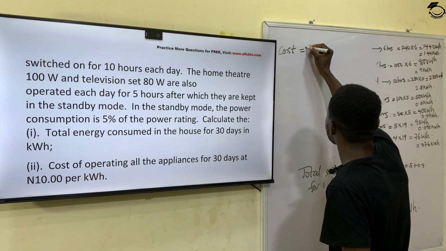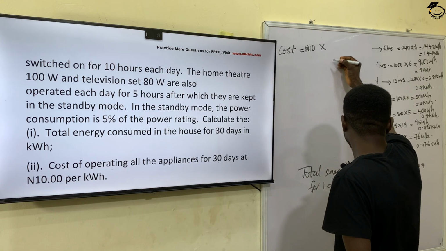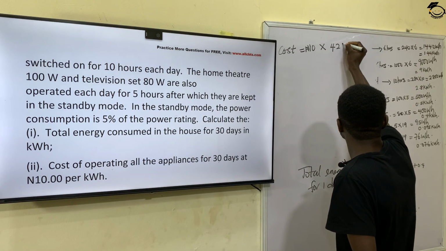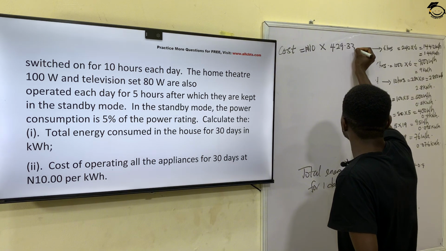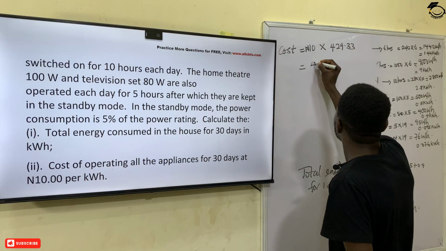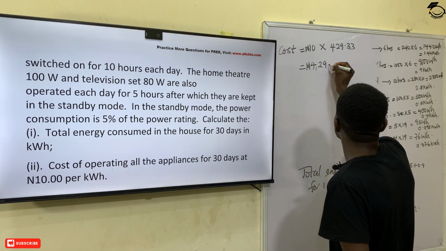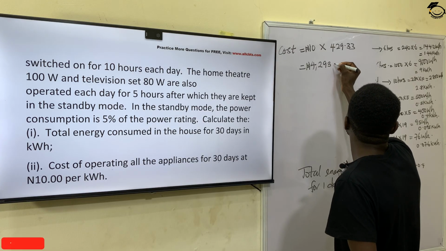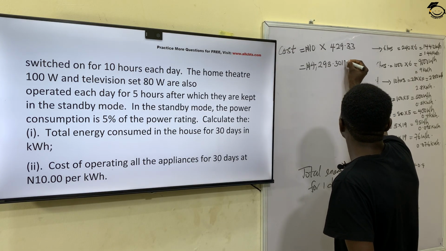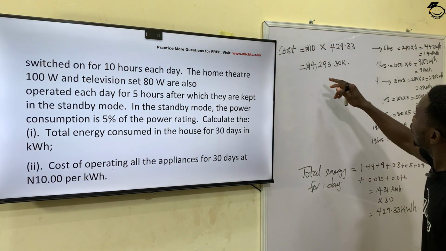And the price here is 10 naira per kilowatt hour, times my total number of kilowatt hour, which is 429.33. So it means that this person is going to be using 4,293 naira 30 kobo. So it means that at the end of 30 days, for what this particular individual has used, he is going to be paying what?